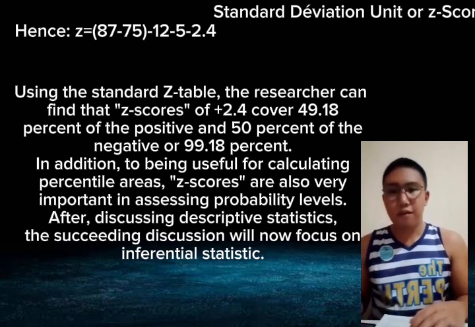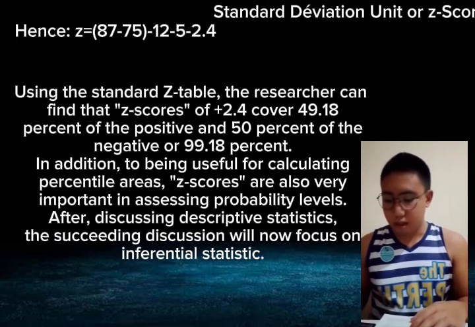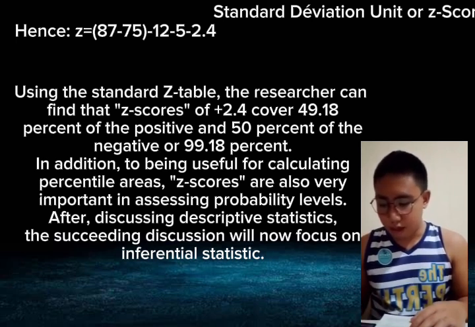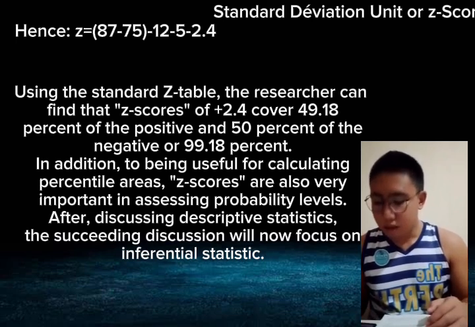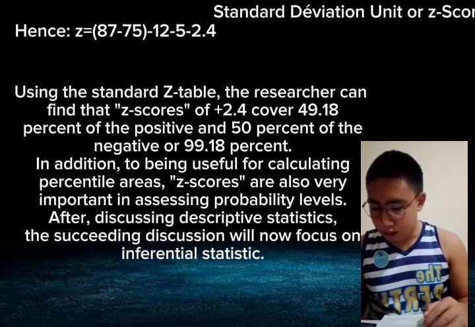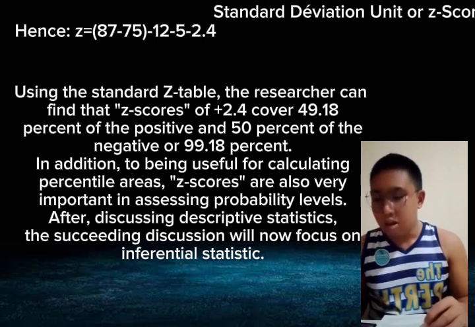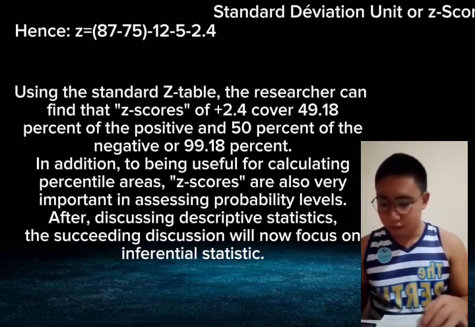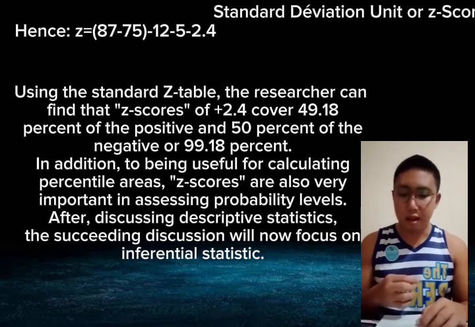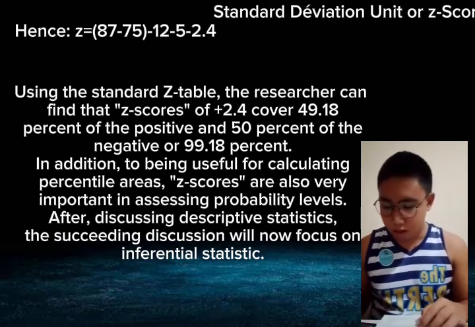It is covered by the 49.18% of the positive and 50% of the negative, or 99.18%, in this sample. In addition to being useful in calculating percentile area, z-scores are also important in assessing probability levels. So z-scores are also useful in assessing the probability of certain variables.